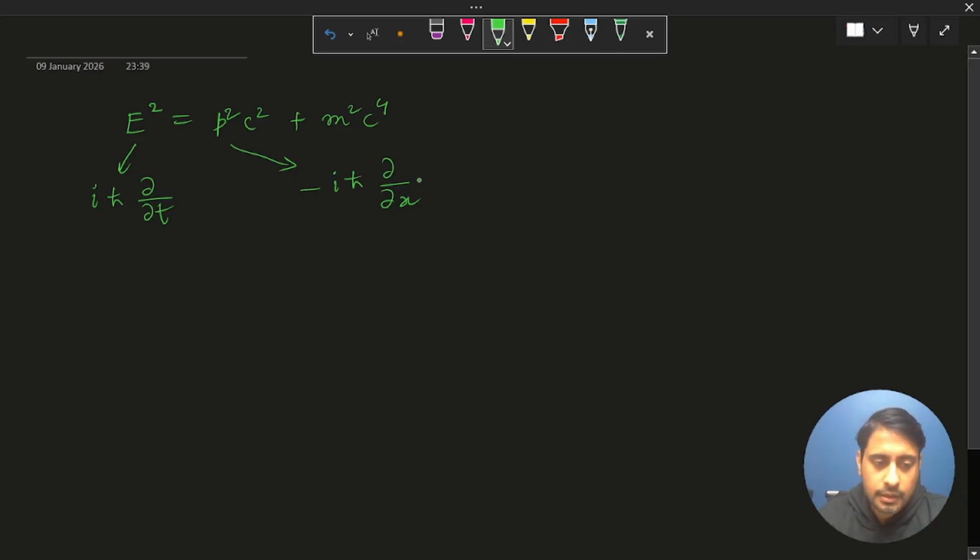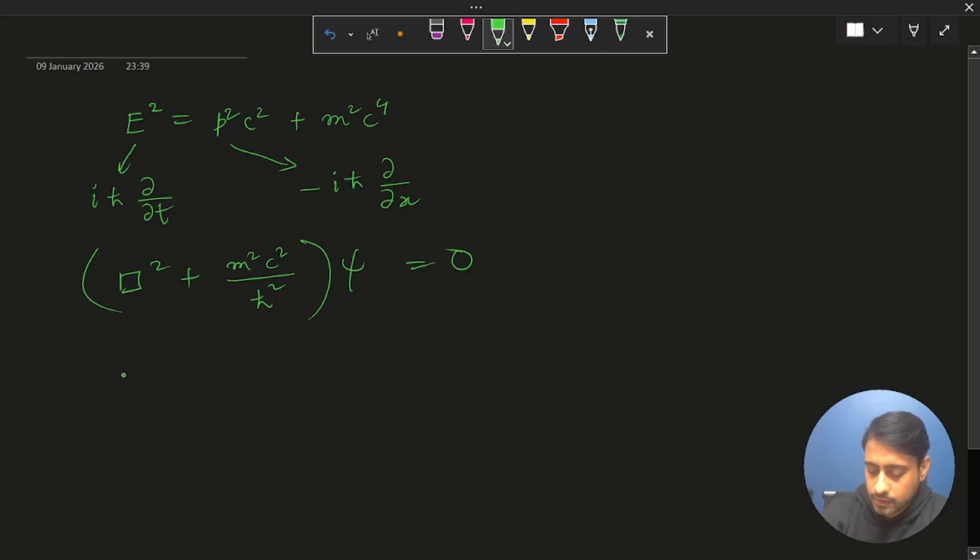this leads to the Klein-Gordon equation, which is box, not del squared, this is the square operator, the box operator, plus m squared c squared over h bar squared, psi equals 0, where this box is sometimes also called the d'Alembertian. It is given by 1 over c squared del squared over del t squared minus del squared.